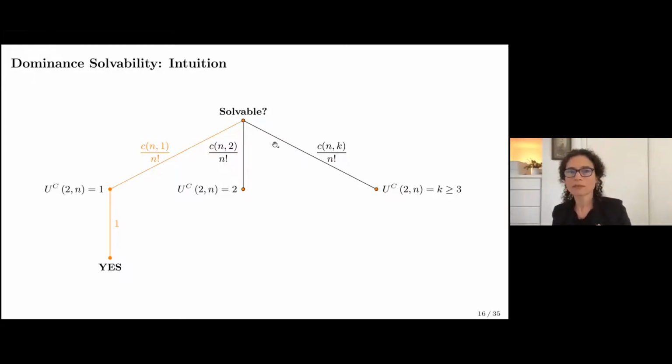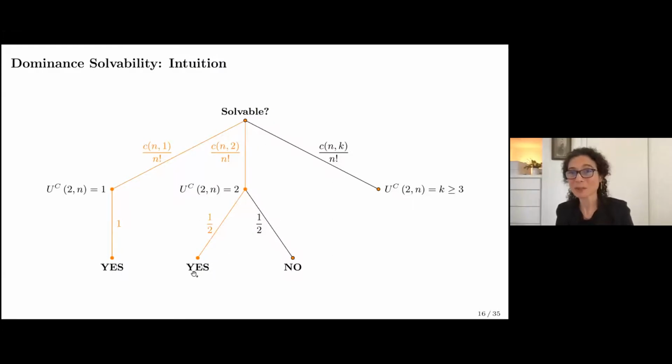Now, if column has precisely 2 actions remaining, then row is effectively facing a game that is 2 by 2. And the probability that it's dominant solvable is going to be 1/2, or in other words, the probability that row will be able to eliminate something.